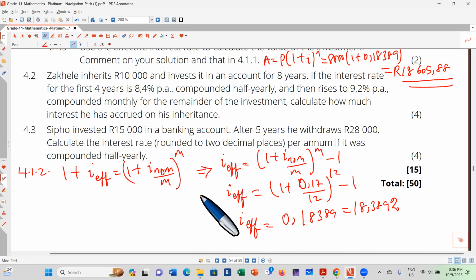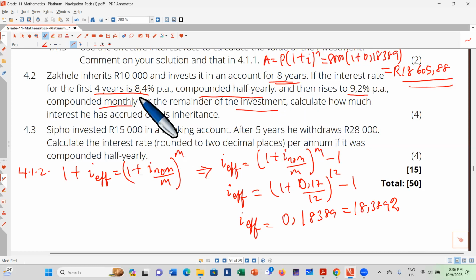After Zakele inherited 10,000, he invests it in an account for 8 years. If the interest rate for the first 4 years is this, compounded half yearly, and then rises to this, compounded monthly for the remainder of the investment, it is an 8-year investment.